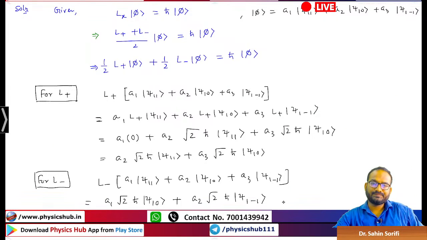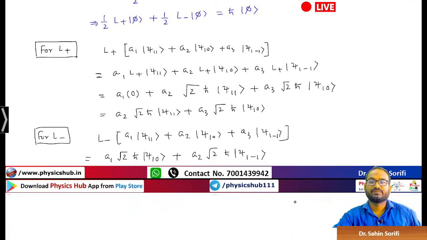Is it clear till now? So let us now put the values into this equation. So what you get?